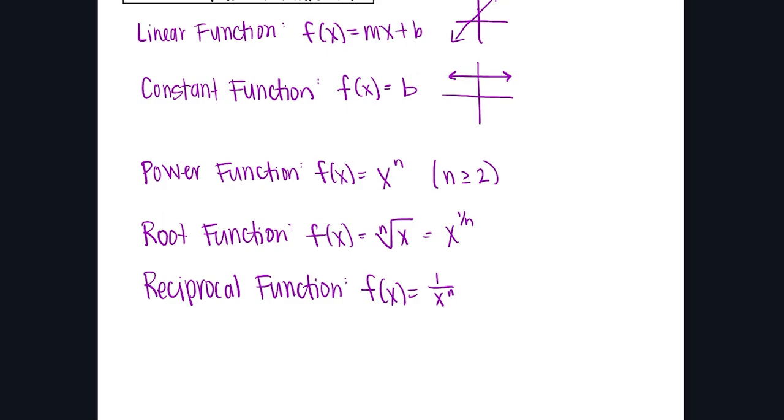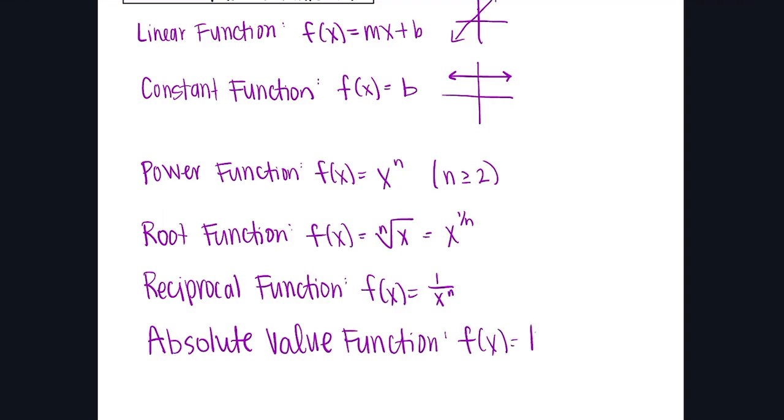And then the last one I want to look at right now is the absolute value function, which is just like f of x equals the absolute value of x.